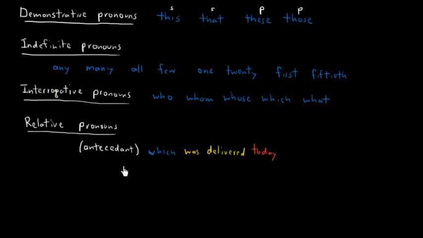Okay, and so this which connects this clause, if this is the subject and this is the verb, and in this case an adjunct, an adverb. Okay, so the computer, which was delivered today, the dog, which was delivered today, the mail, which was delivered today, the meal, which was delivered today.